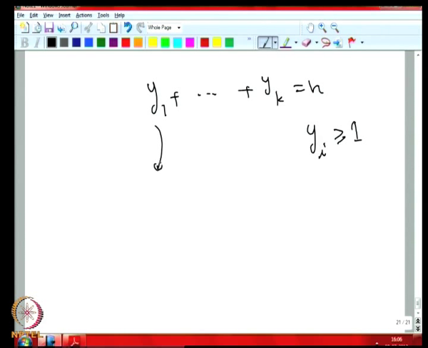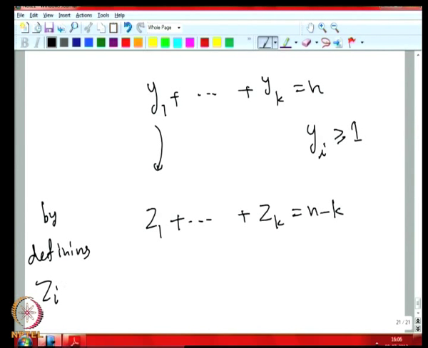So, now we can convert it to another system, z1 plus ... plus zk equal to n minus k, by defining zi equal to yi minus 1. We just reduce 1 from each of them, because each yi is greater than or equal to 1.